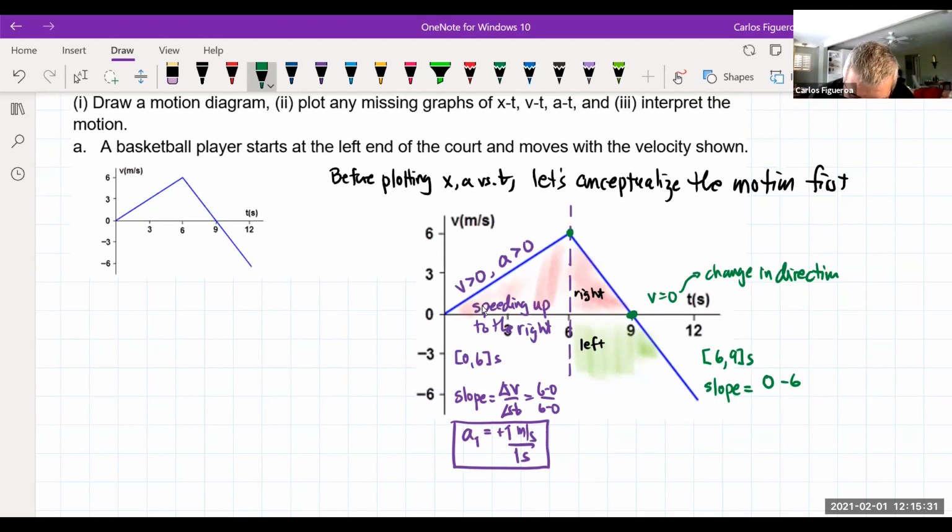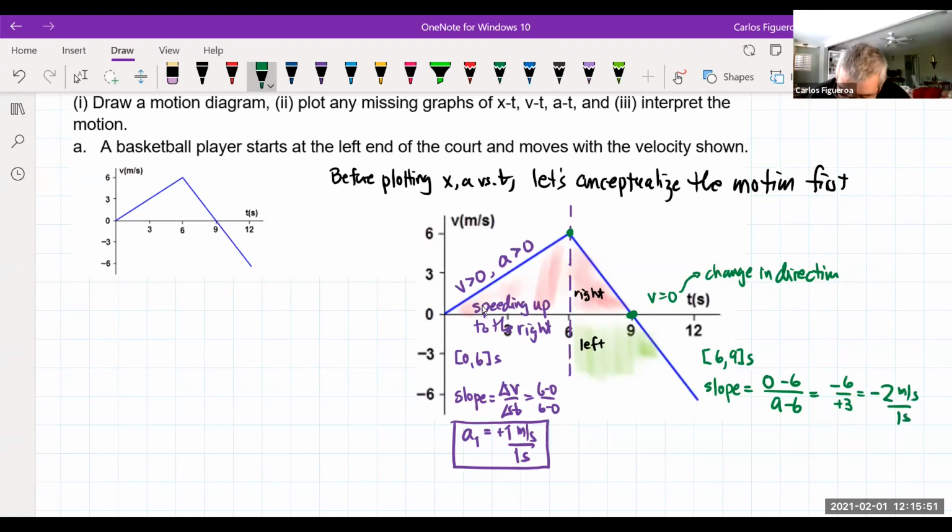Then I look at my time interval, which goes from 9 to 6, so this is 9 minus 6. So this is minus 6 divided by plus 3, and I get minus 2 meters per second every 1 second.